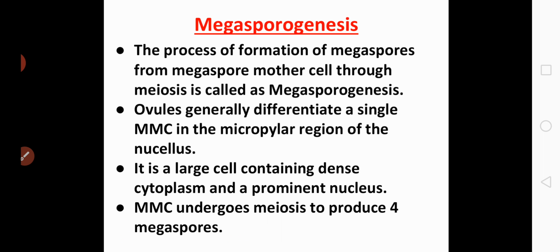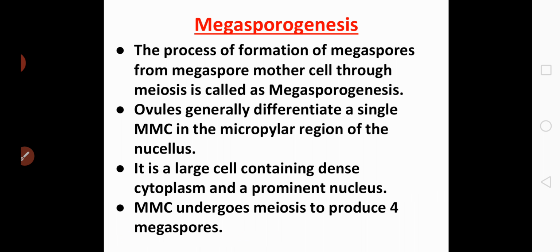So during the developmental stages, any cell of the nucellus at the micropylar region enlarges in size and it functions as the megaspore mother cell. Am I clear? This megaspore mother cell later on undergoes division to form megaspores. Any doubts?